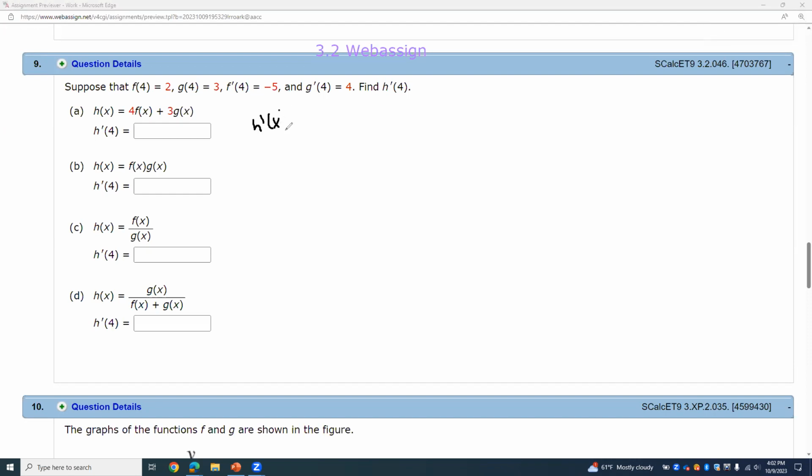If we have 4 times f of x and we have to find the derivative of that, that would just become 4 times the derivative of f at 4, okay? And then same vibes, plus 3 times g of x, the derivative of that would just be 3 times the derivative of g at x, which again, in this problem, they want us to find at 4. So we can do that, not too terribly awful for part A, okay?